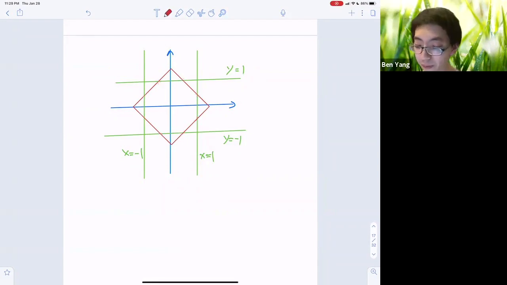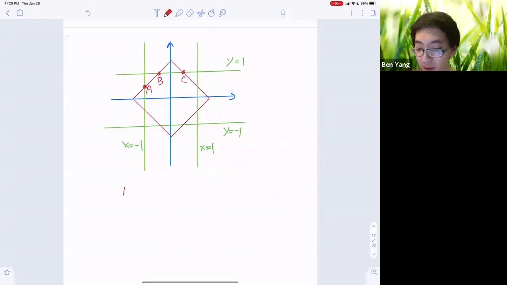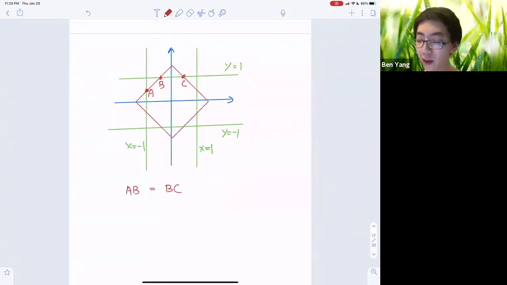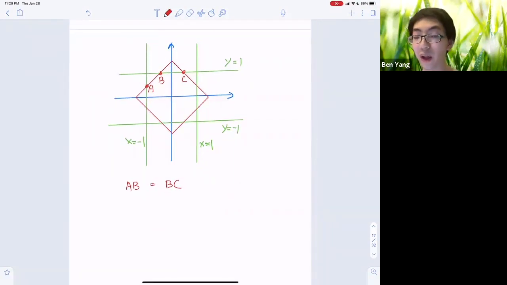So, for example, we have point A here, point B, point C. So what we want is that AB is equal to BC, because the octagon is regular. So now we can find the coordinates of those points.